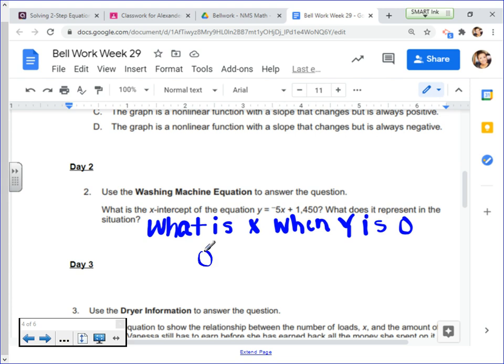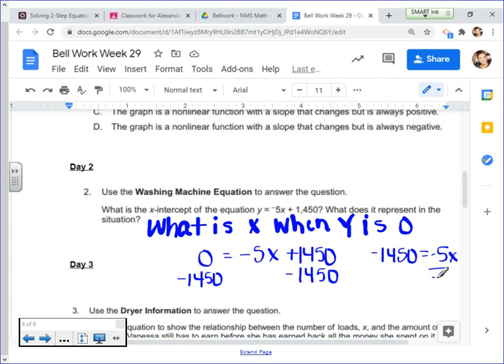So 0 equals negative 5x plus 1450. I'm going to subtract 1450 from both sides. So now I have negative 1450 equals negative 5x. I'm going to divide by negative 5 on both sides. And you get x equals 290.